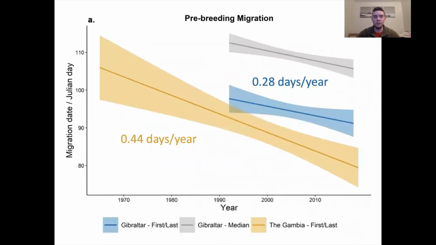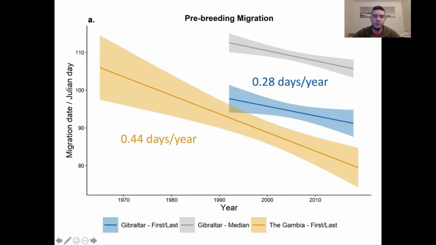And what we found was that between the late 60s and the present day, pre-breeding migration had advanced significantly year on year. You can see the data in yellow here represents the Gambia, and the other two represent Gibraltar, just with first and last dates.